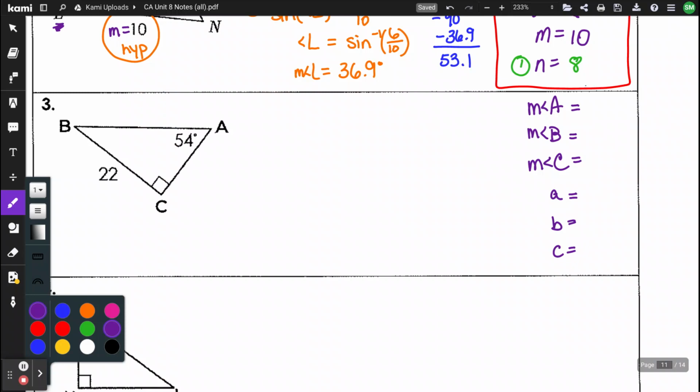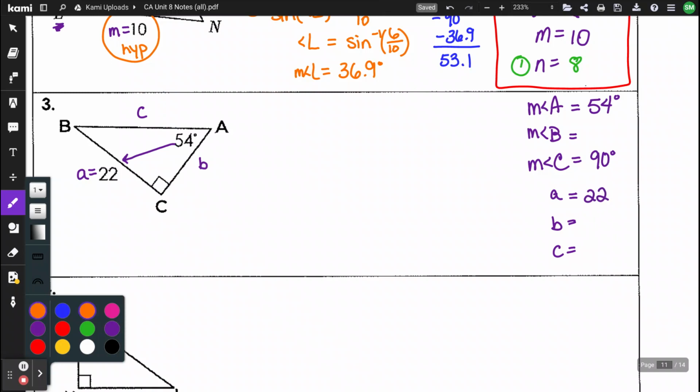Remember that little a goes across from big A, little b is across from big B, and little c is across from big C. So if we fill in what we know here, the measure of angle A is 54 degrees. The measure of angle C is 90 degrees. And little a is 22.